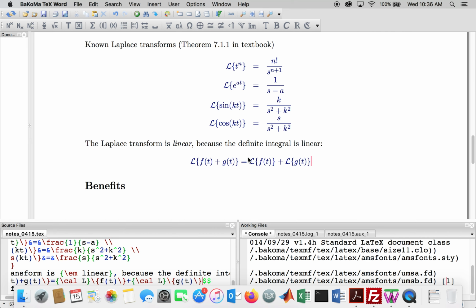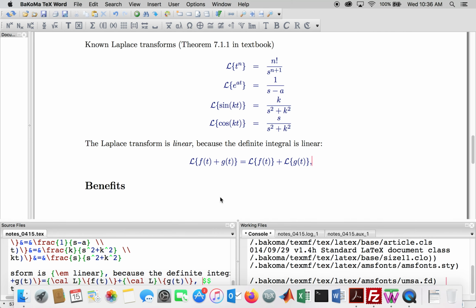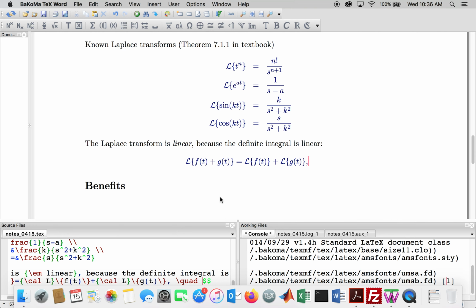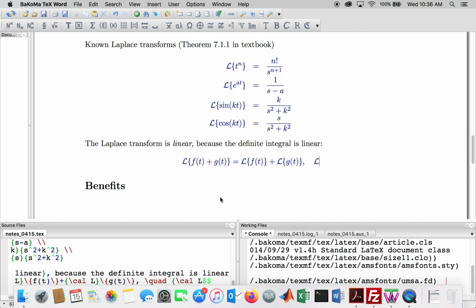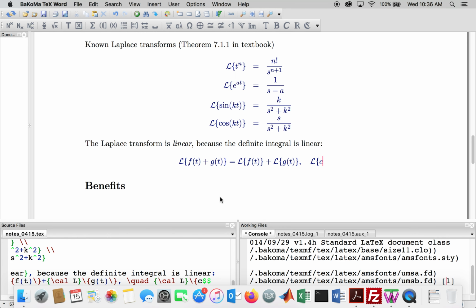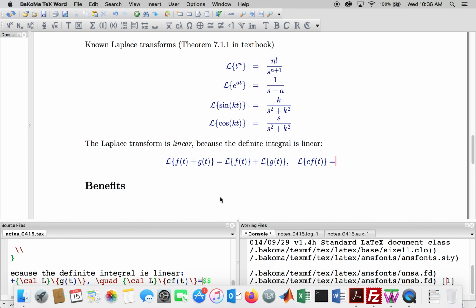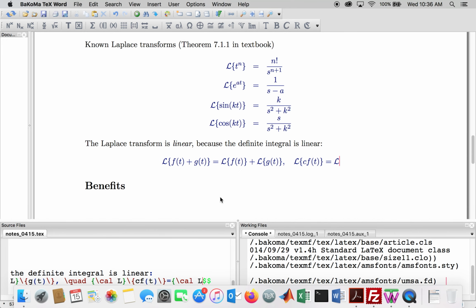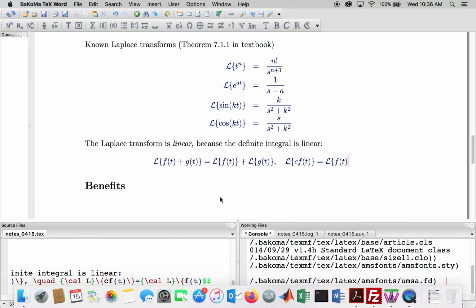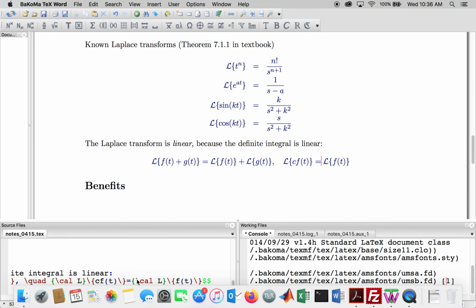You can just transform the terms individually and add the results together. So that part works out nicely. Similarly, if I'm taking the Laplace transform of some constant times a function f of t, then I can go ahead and transform f of t, or look up its transform, and then just multiply it by that constant. That's what's meant by a linear operation. Just as the integral of a sum is the sum of the integrals, or constant factors for integrals, you can pull them out, things like that.